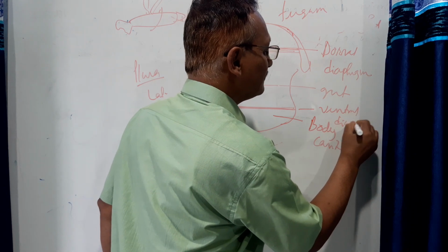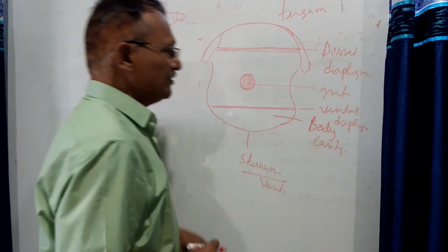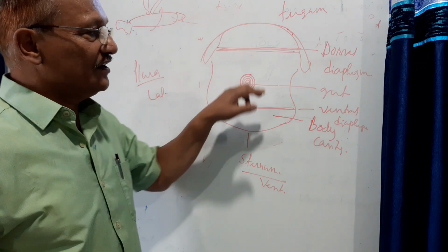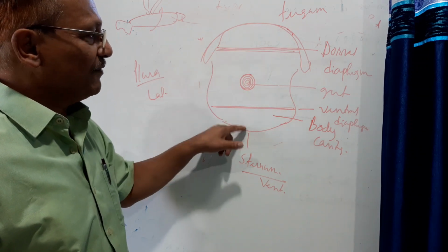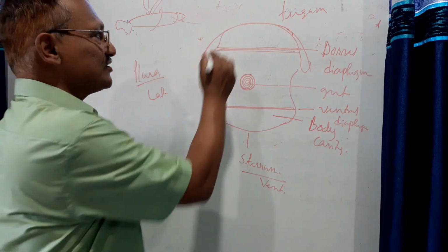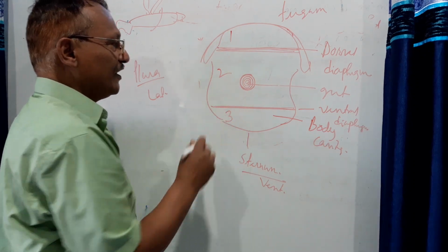So these 2 diaphragms divide the whole body cavity into 3 sinuses.